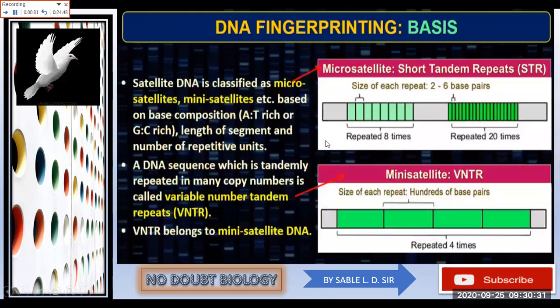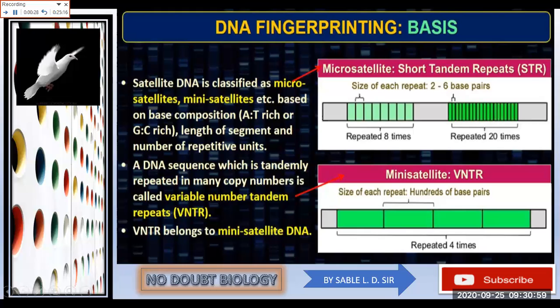Next, the DNA fingerprinting basis also includes microsatellites. Microsatellites are small in length. They are short tandem repeats, STR for short.